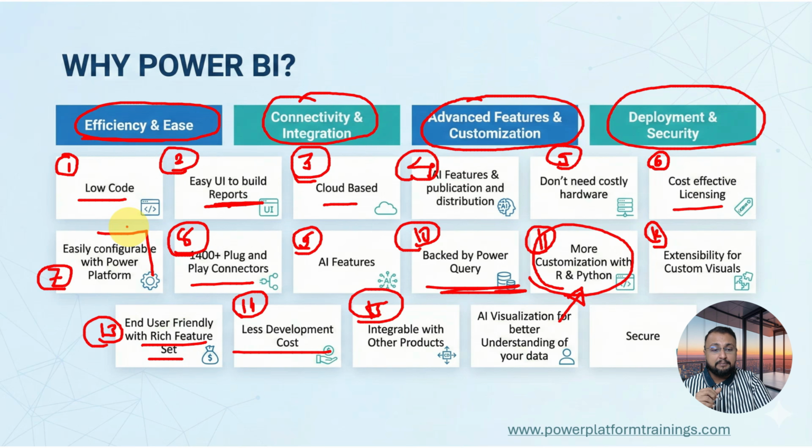Okay. Number 16 is all about AI visualization for understanding your data a lot. Now, when I'm talking about AI, there are many aspects. Earlier I already talked about two important aspects, like AI visualization and AI features. Also, when we have the data, it provides you a feature set according to the data.